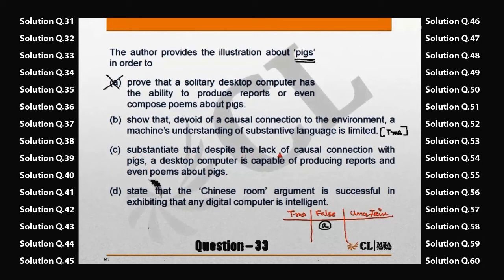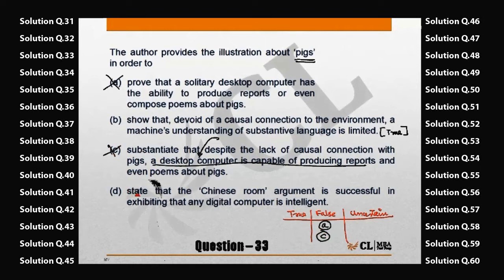C. Substantiate that despite the lack of causal connection with the pigs, a desktop computer is capable of producing reports. The author is not supporting desktop computer at all. The purpose for the pig was to support the robot reply. So C is definitely false.